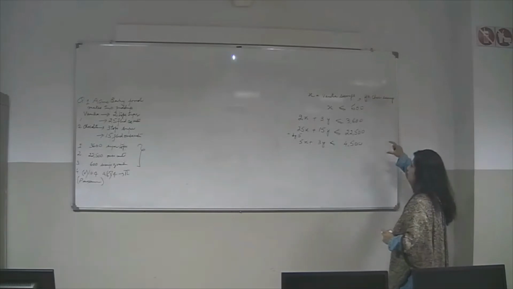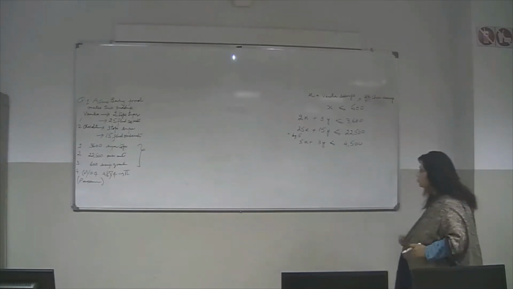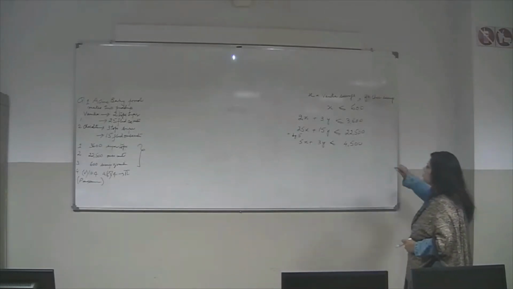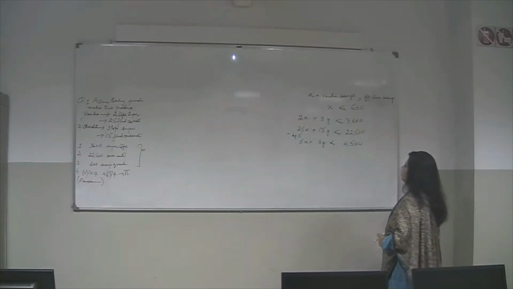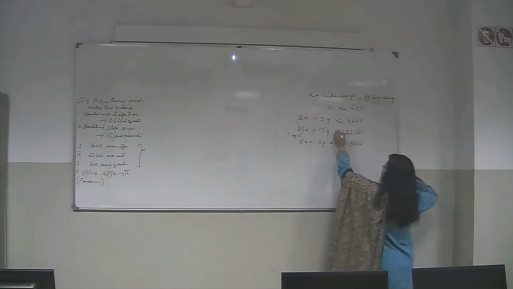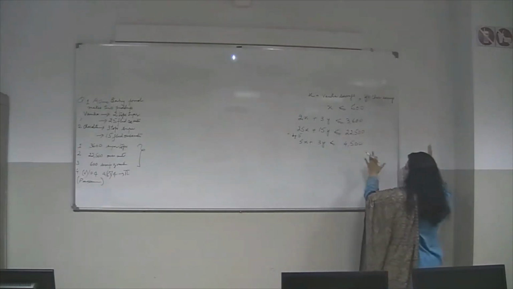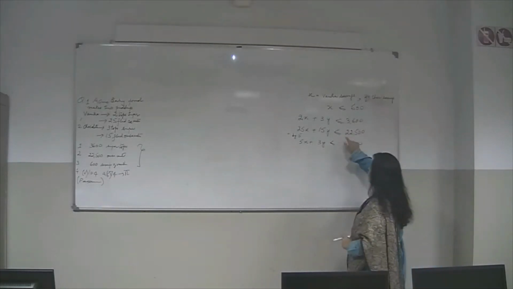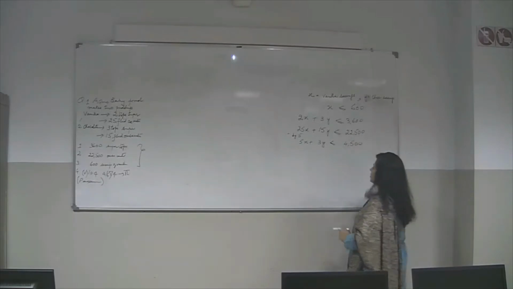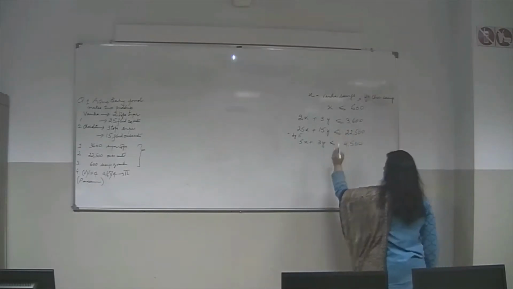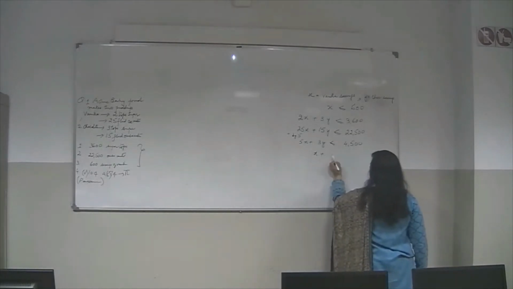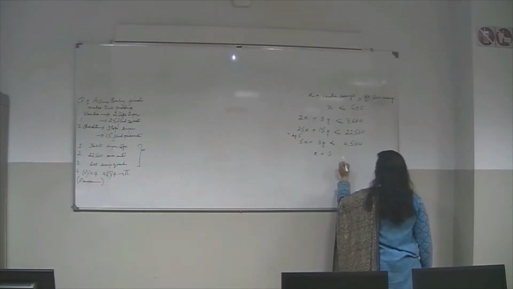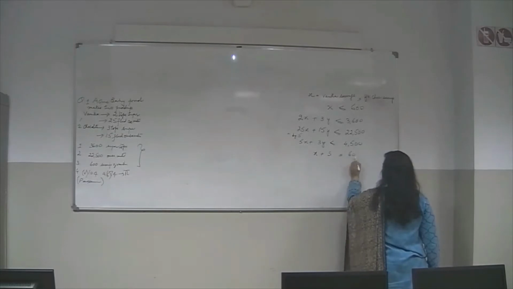Okay, now this is a constraint where we have to convert this into an equality. If it is less than or equal to a certain value, that means we have to add something to make it equal to this, right? So for the first one, we can have x plus some variable s that equates it to 600.